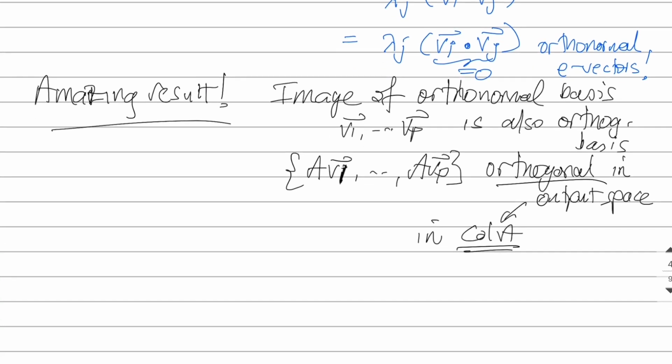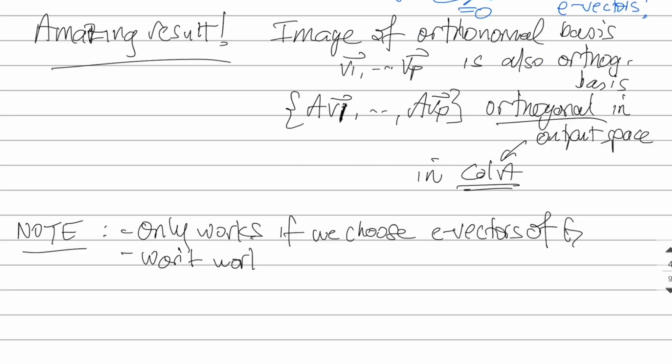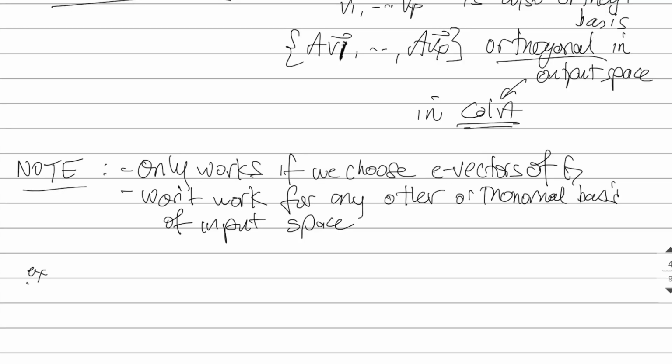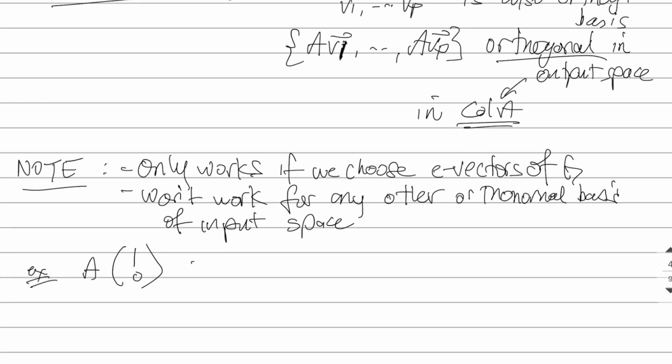Now you got to be sort of appreciative of this special result. This only works if we choose those eigenvectors of G. It won't work for any other orthonormal basis of the input space. So for example, if I were just to take the standard unit vectors, and multiply the matrix by 1, 0, I'm going to get just the first column.